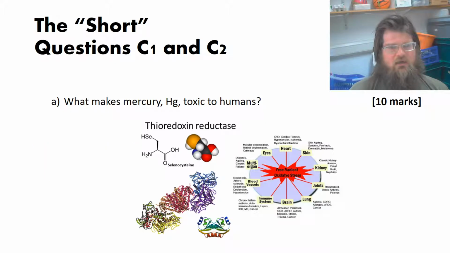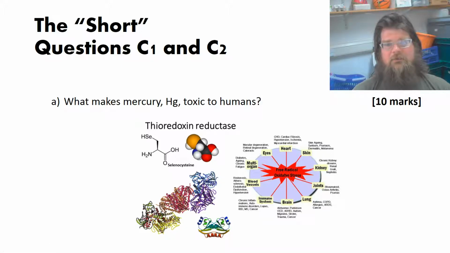So this is the slide from the lecture on pollution, which is relevant here. The important thing is that mercury replaces selenium in molecules like selenocysteine, which forms part of many important larger enzymes like thioredoxin reductase, this larger molecule down here.